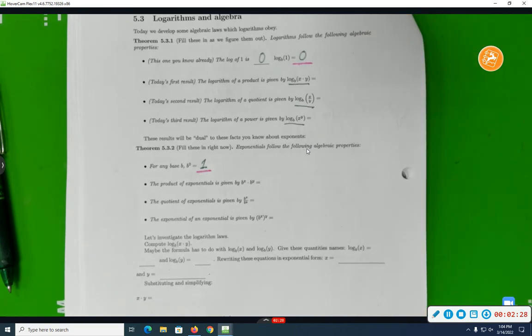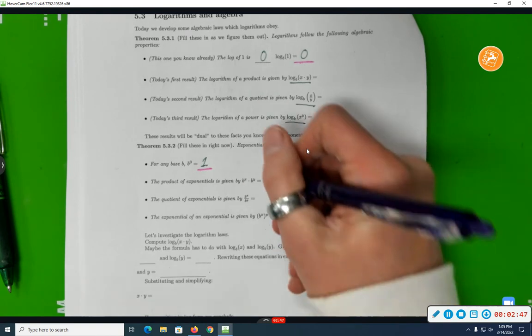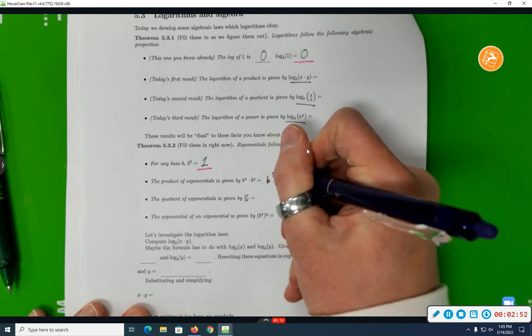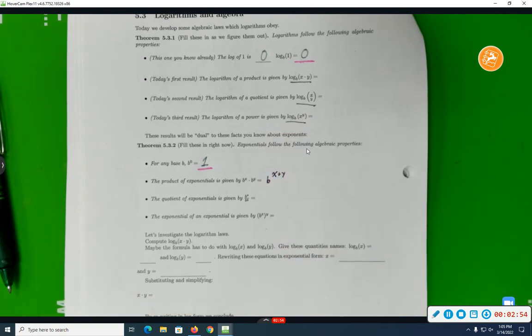So let's start listing some other rules. The product of exponentials. What's b to the x times b to the y equal to? b to the x plus y, right? If I have x b's multiplied together, and then I have y more b's all multiplied together, they're a total of x plus y. What about b to the x divided by b to the y? b to the x minus y, right?